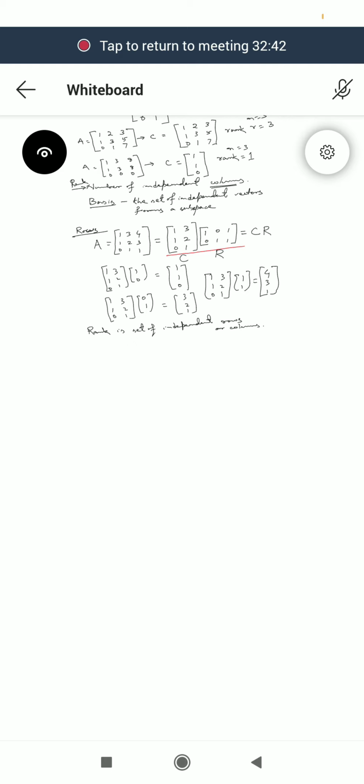And the answer lies with this. This actually corresponds to the first two columns of the C, and the third one is nothing but a combination of the first two. And that is what this R actually represents.